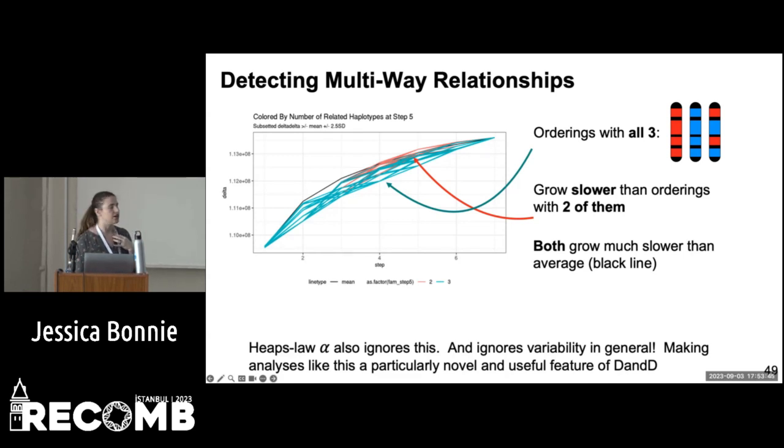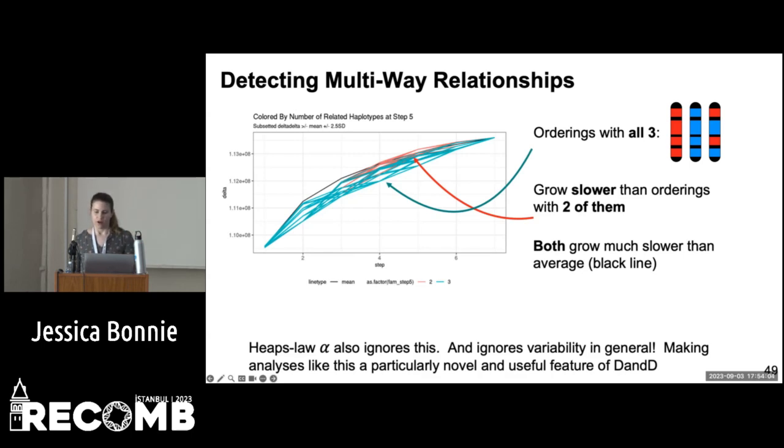And the only lines that are graphed here are lines that were greater than 2.5 times the standard deviation away at some point along the process. So this is just a subset of the lines that are outside of that.